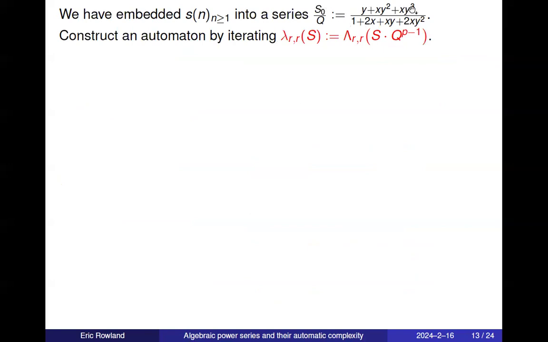S0 will be the initial state, and this is what's going to replace the big lambda Cartier operators. These are like little cousins of the Cartier operators. Now they're in two variables because these polynomials are polynomials in x and y. I'm skipping some details here, but this turns out to be the right operator to use.